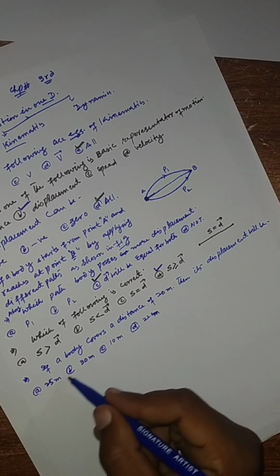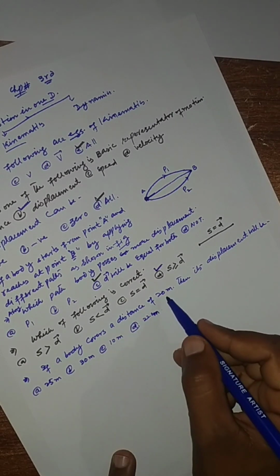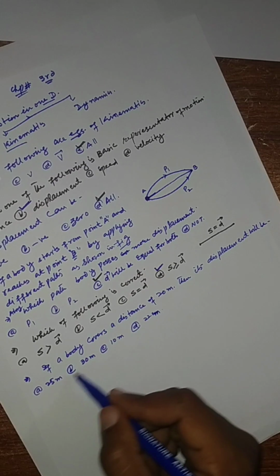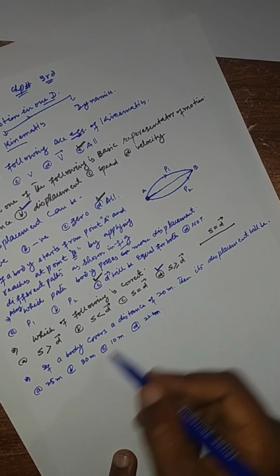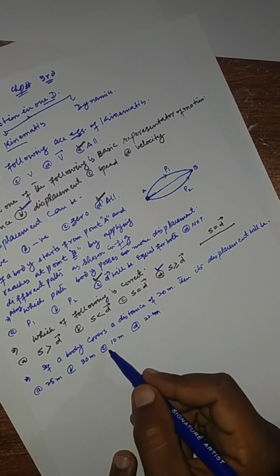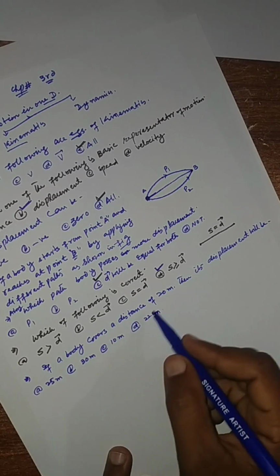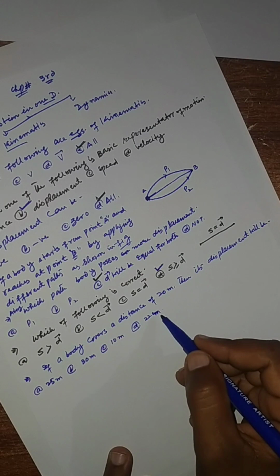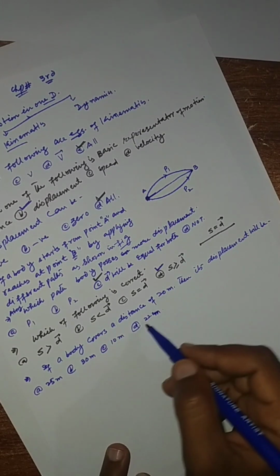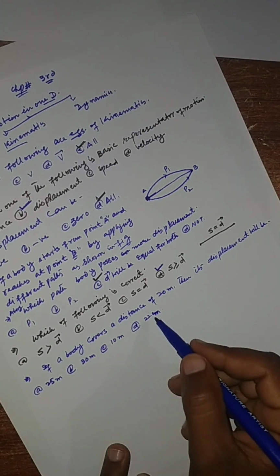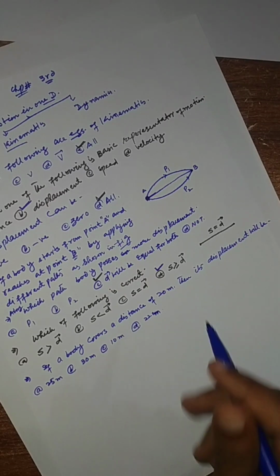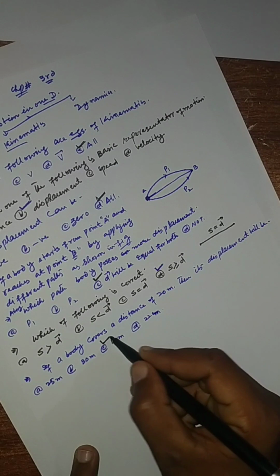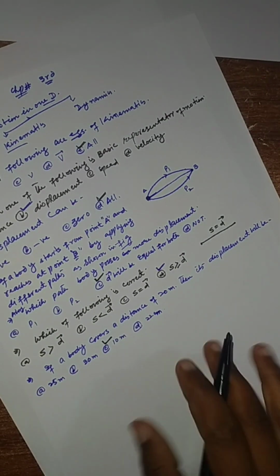Here all the options except one are greater than 20, so A, B and D cannot be the displacement for a distance of 20 meter. So the correct answer is 10 meter. Okay.